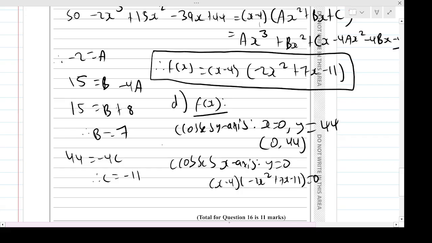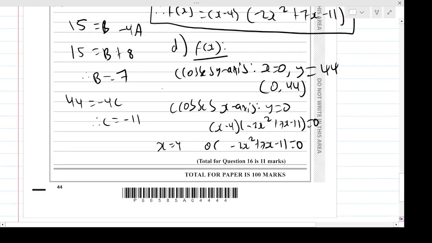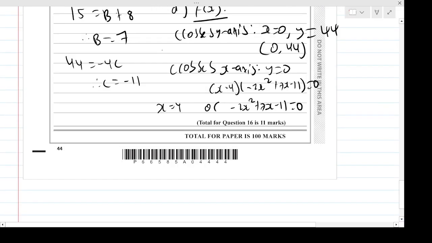I set the function equal to 0, so it's the roots essentially. So we're going to set each factor to 0. So x is 4, or the quadratic equals 0. Obviously we've got one solution, x is 4. But then we can deal with this quadratic.